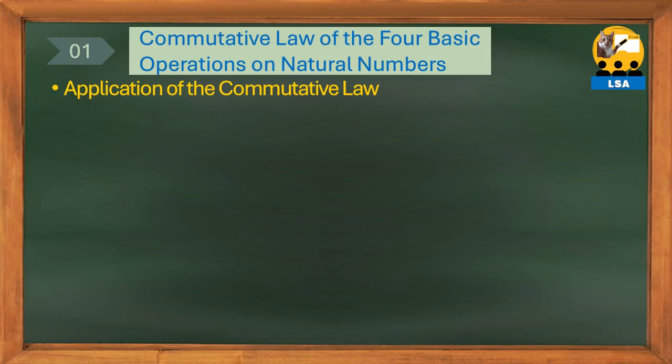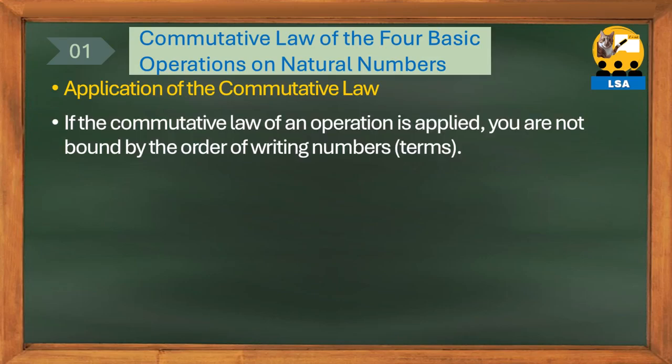What are the advantages of using the commutative law of operations in actual calculations? Since the result of an operation for which the commutative law holds does not change, even if the order of the terms being operated on is changed, you do not need to be bound by the order of writing the terms of the operation.